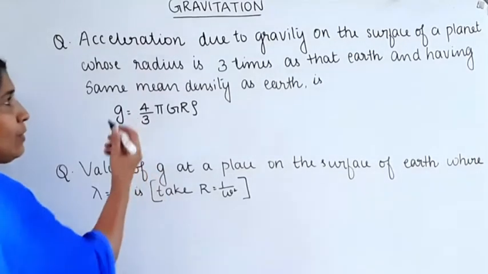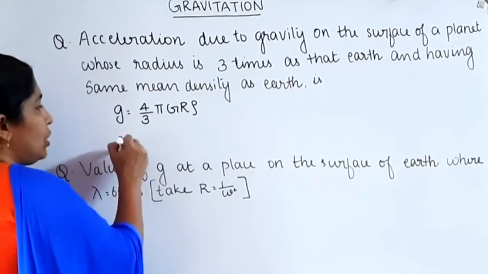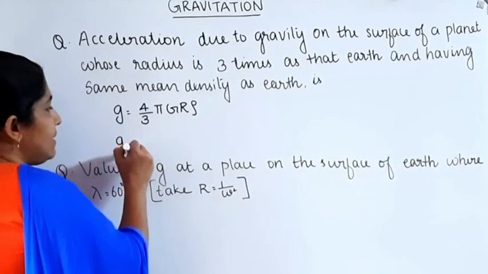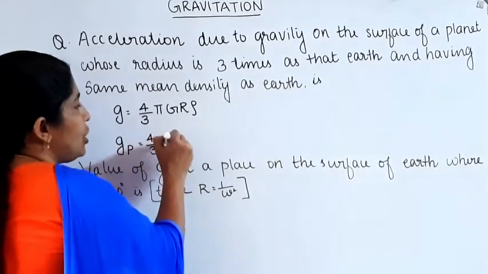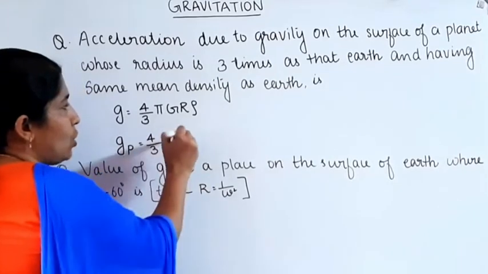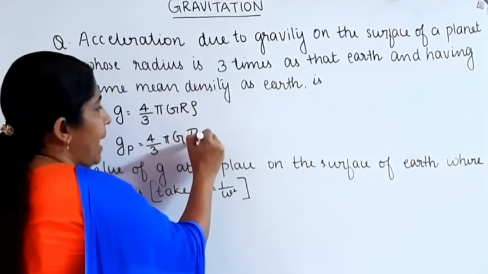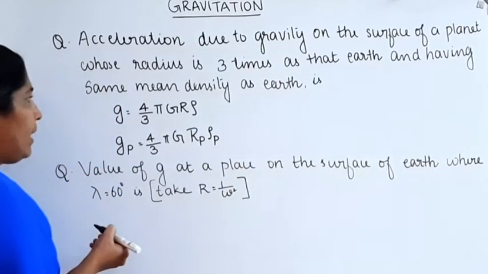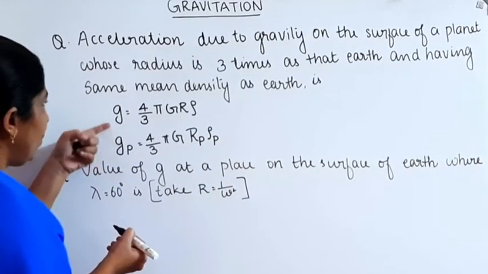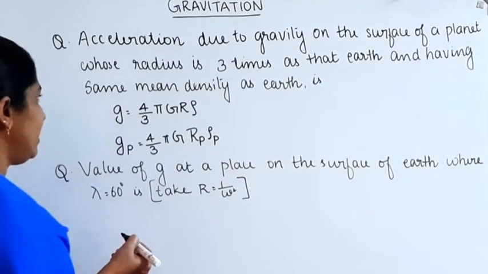Now we can solve. g on the planet is equal to 4 by 3 pi G into radius of the planet into density of the planet; these are constants.